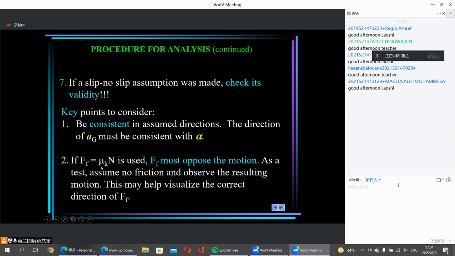Okay, and also if the friction force is not static friction, that means if the disk is rolling with slipping, the friction force should always oppose the motion. So how can we do this? Maybe we can assume there's no friction and observe the resulting motion, and then the friction force should be opposed to the resulting motion. Okay.